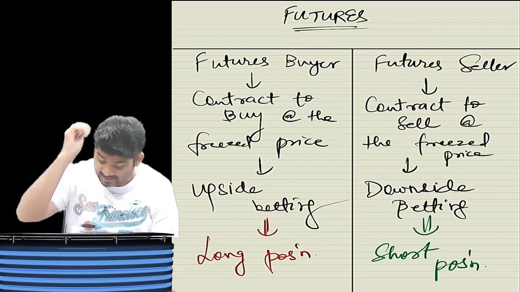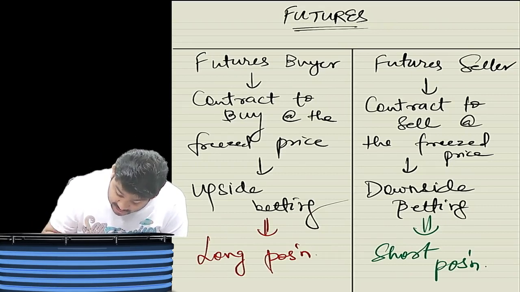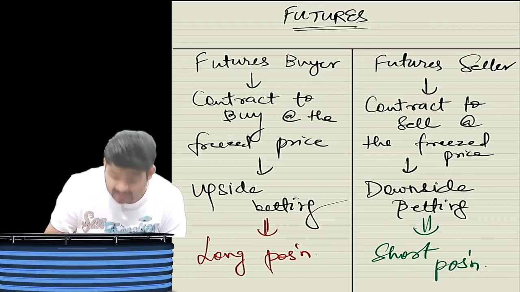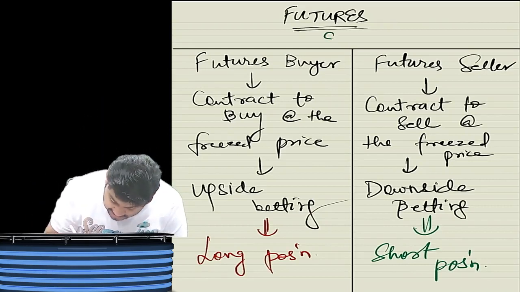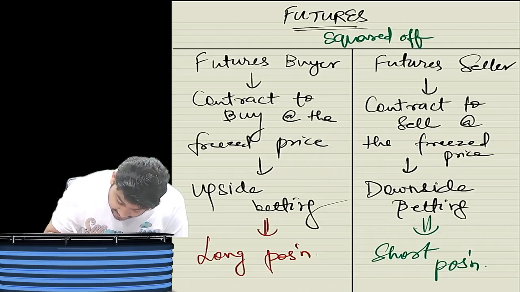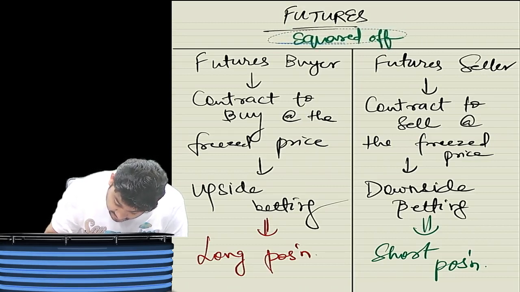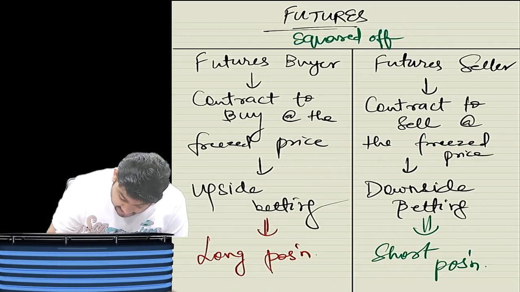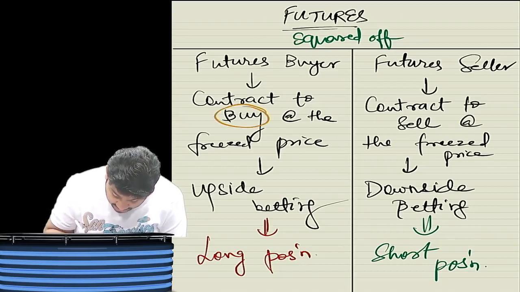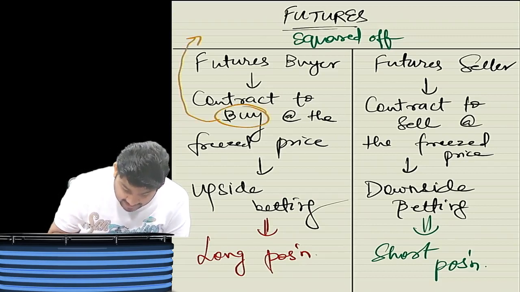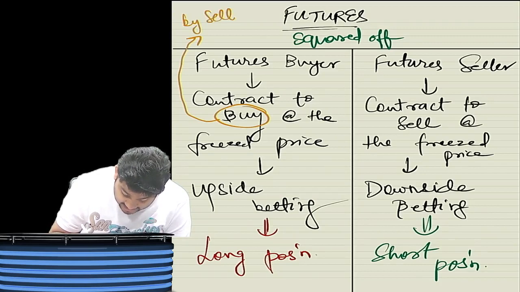Got it? Always remember, futures are always squared off. If you have taken a buy position, you will have to square it off by selling. How do you square off? By selling.